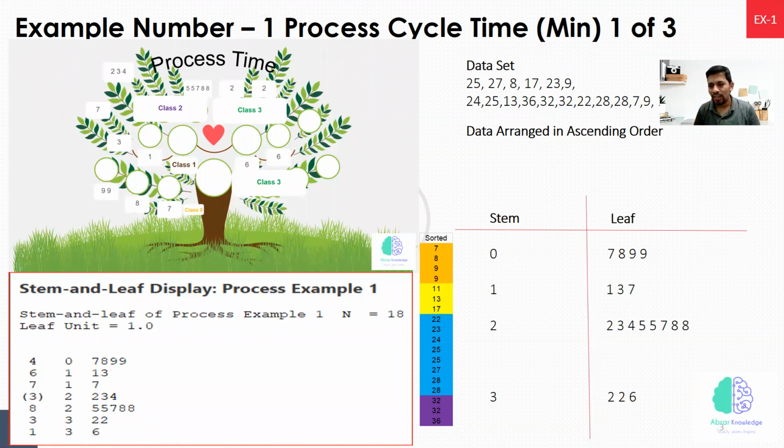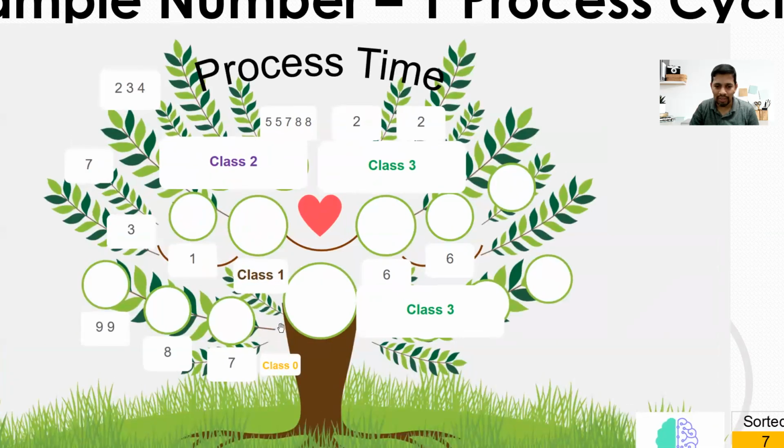So let's talk about it in more detail now. This is how Minitab splits the data, classifies the data, and then how the distribution of frequency happens. The same one, just to give you more visually, with the help of a tree, I have given this example. For example, class 0: 7 we have, 8 we have, 9 occurs 2 times.